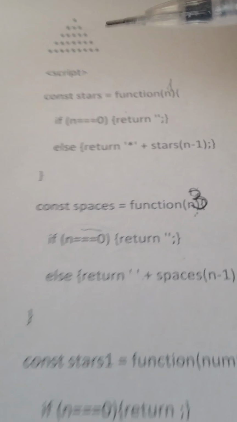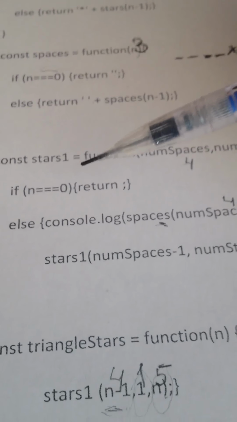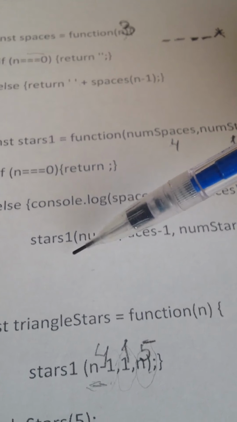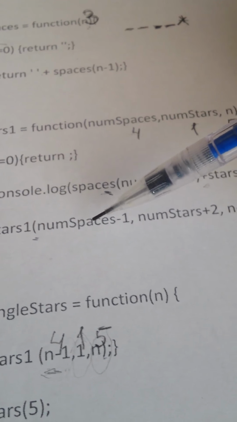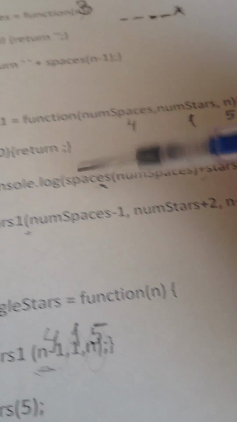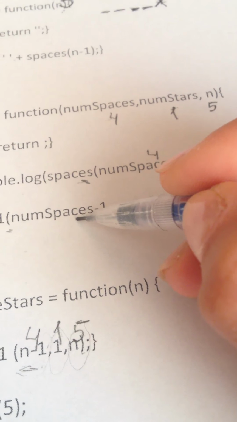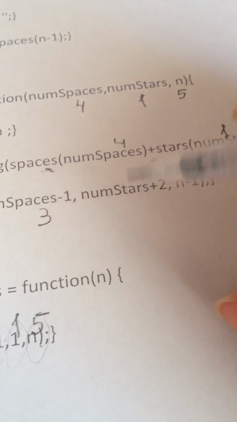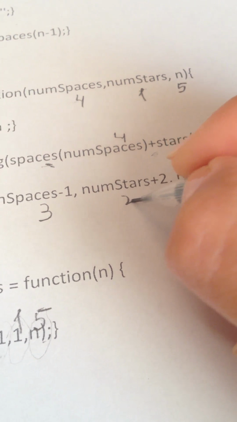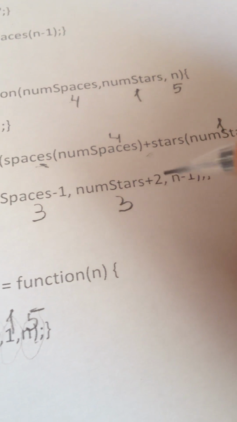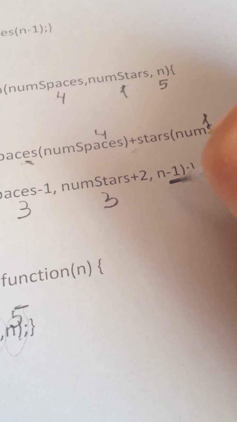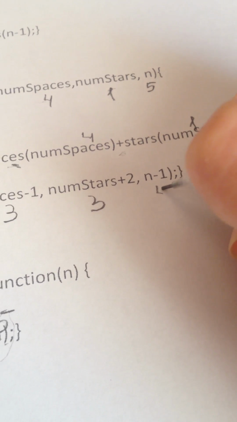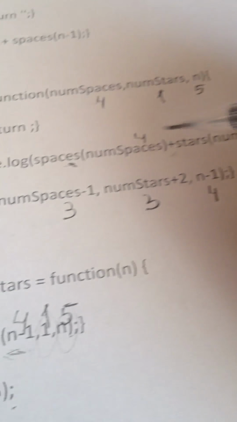Now it is going to go back to the stars1 function and return it with the arguments of 3, since the first number of spaces was 4. The argument of 3, since the first number of stars was 1, and with the height of 4.